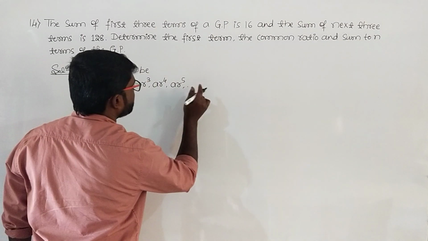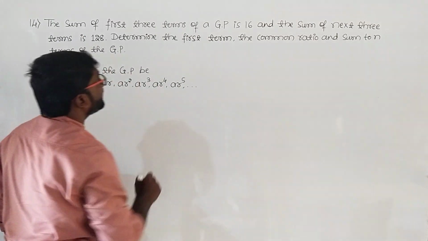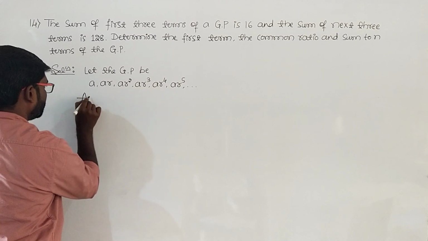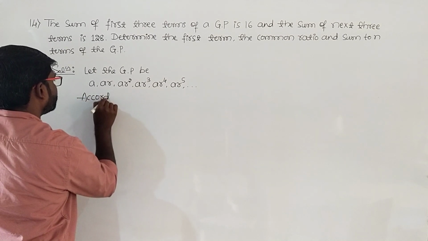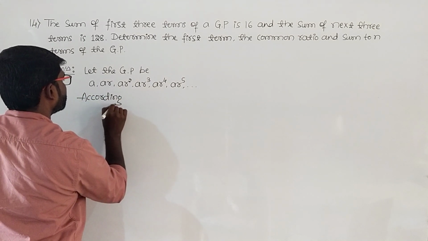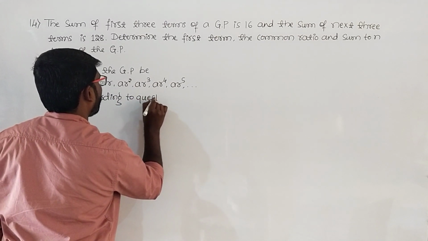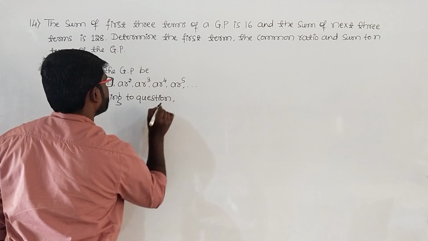Then he says the sum of the first three terms of a GP is 16 according to the question. Now according to question, so what do we have?